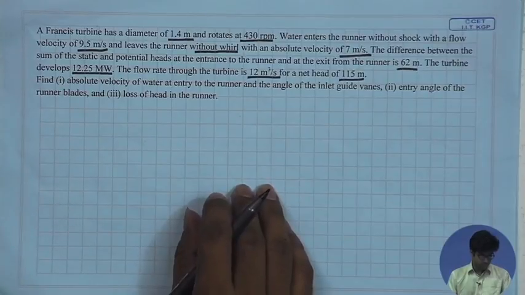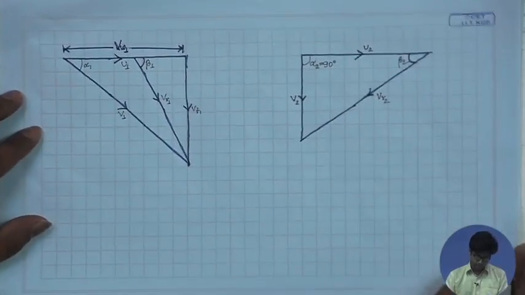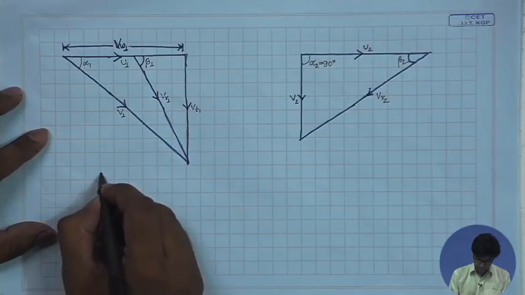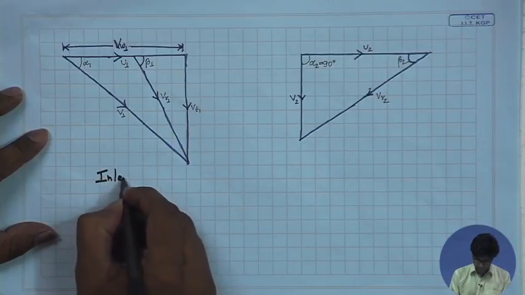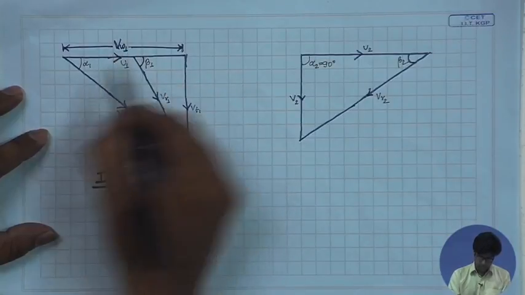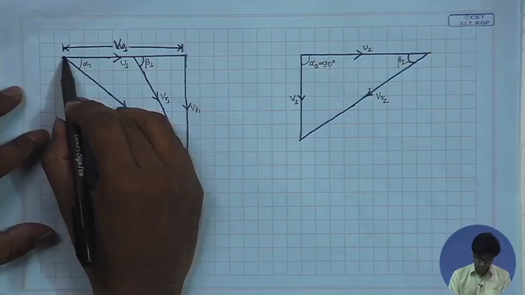So, first let us see the velocity diagram for the Francis turbine at the outlet and at the inlet. This is the velocity diagram at the inlet. This is the tangential velocity at the inlet, or the whirl velocity at the inlet.